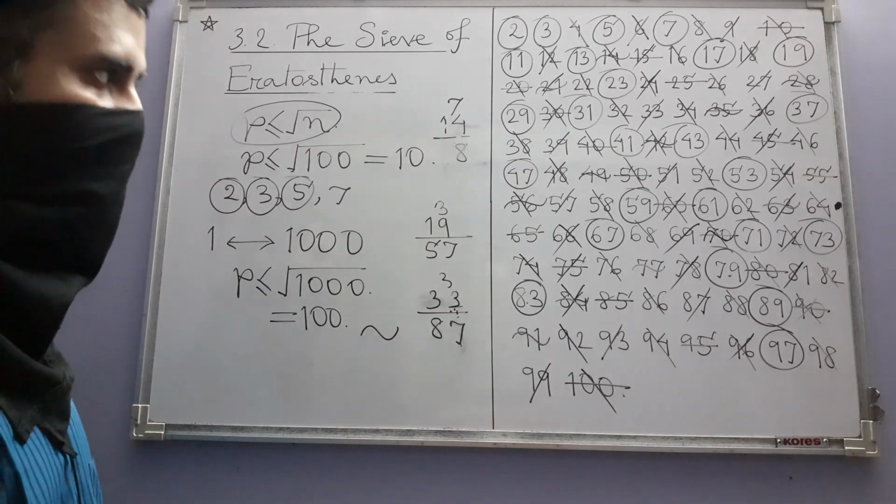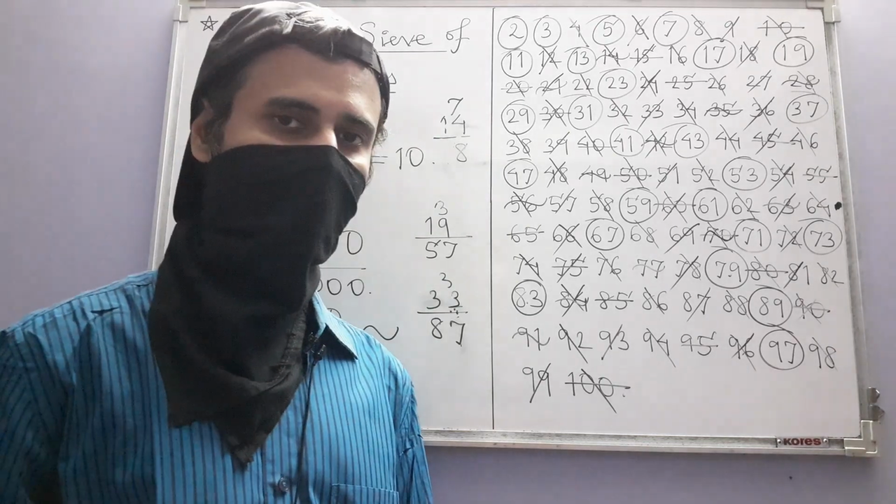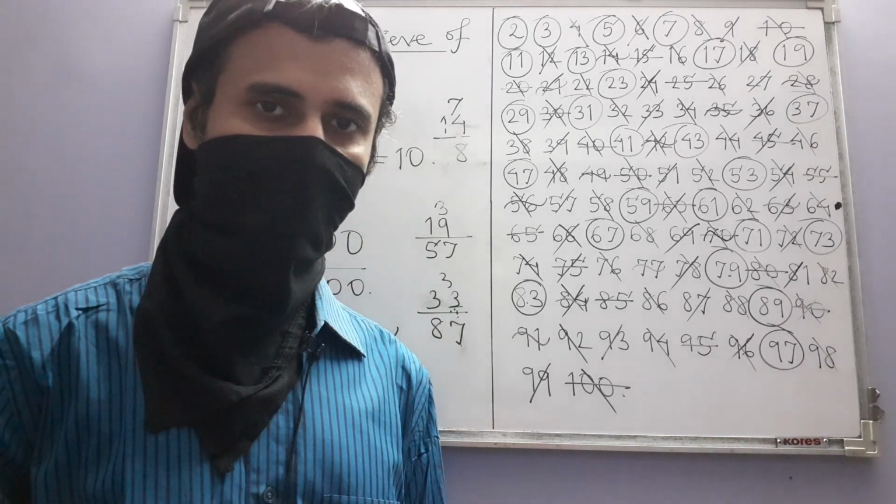So these circled numbers are the primes lying between 1 and 100.